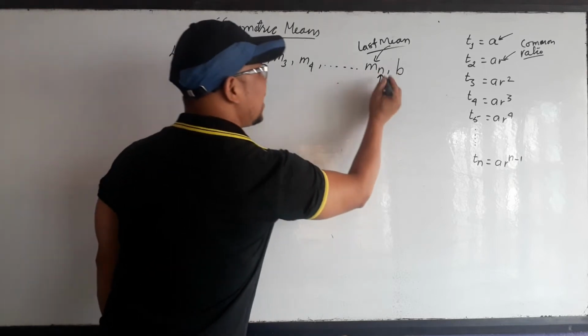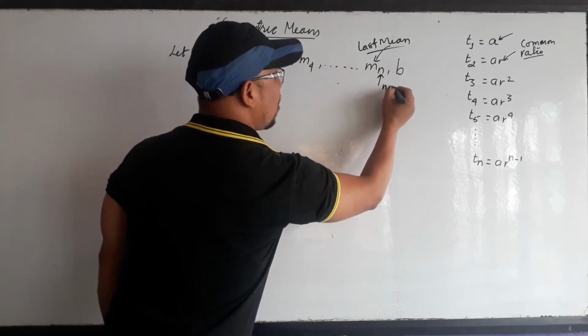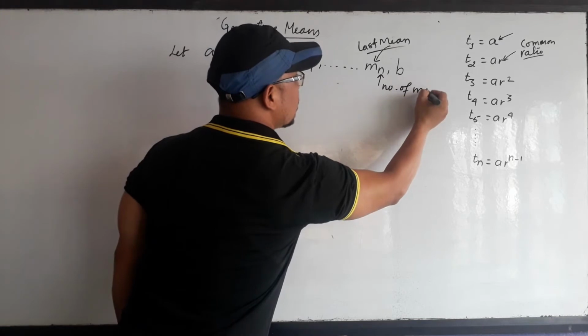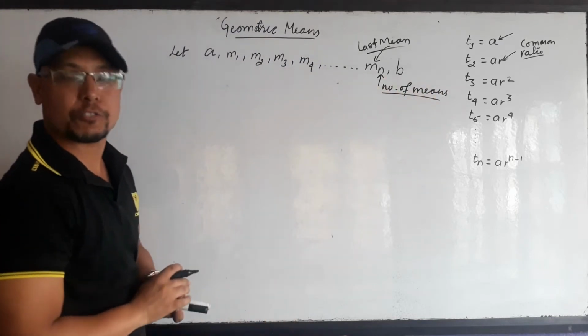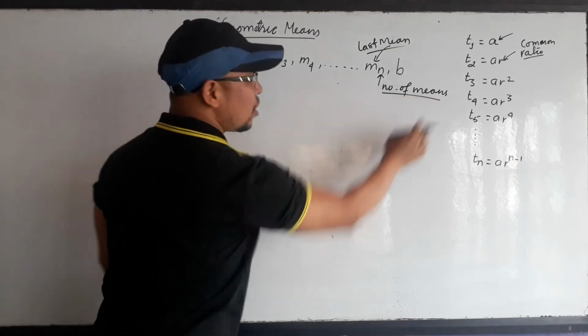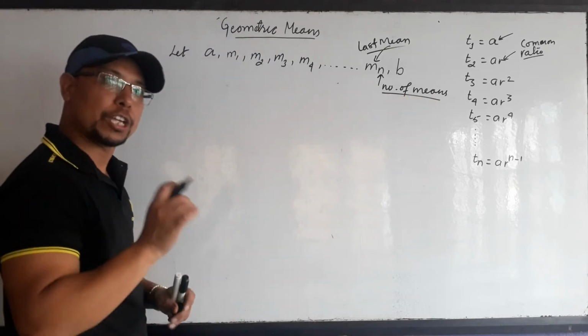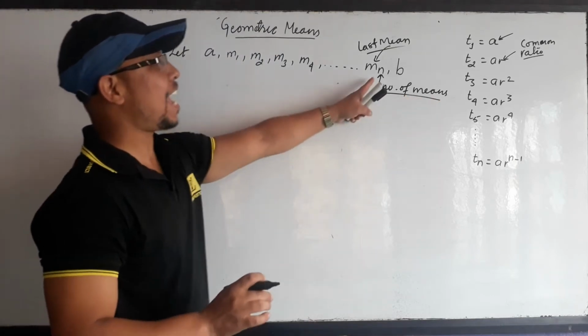So n is called the number of means. Remember, here n is not the number of terms, but the number of means.